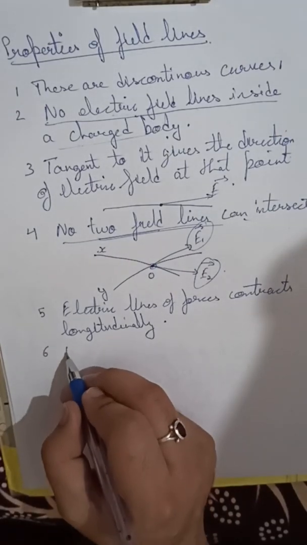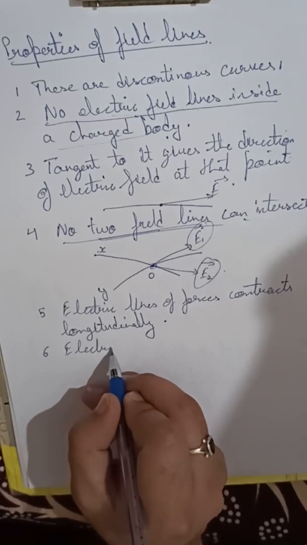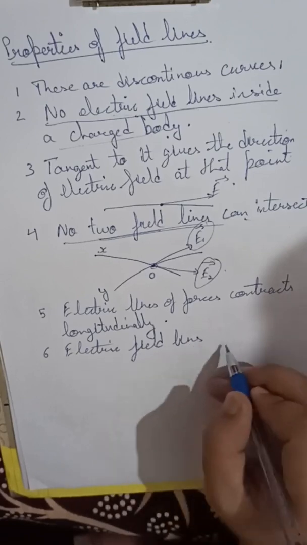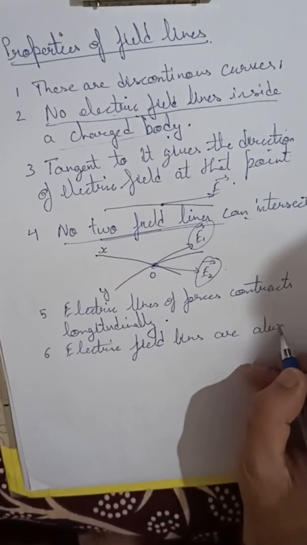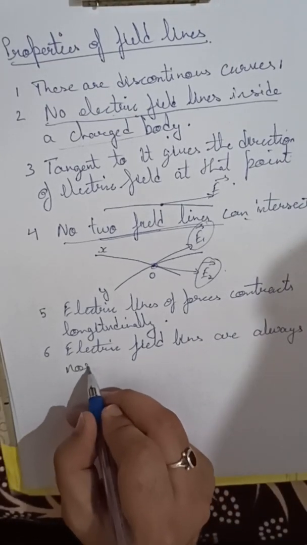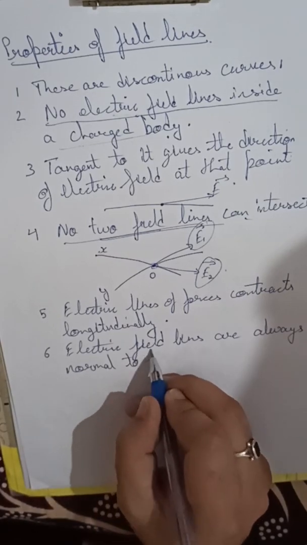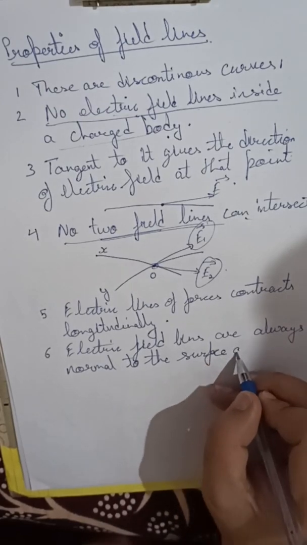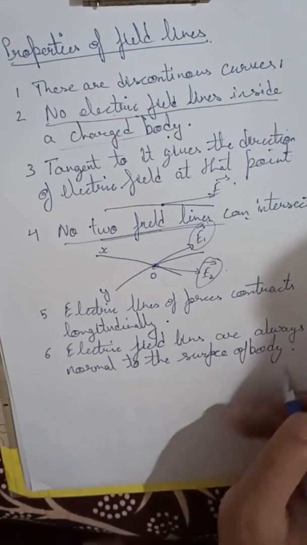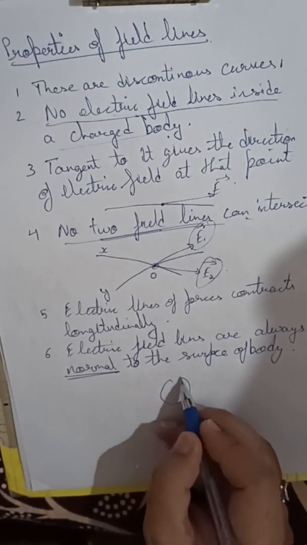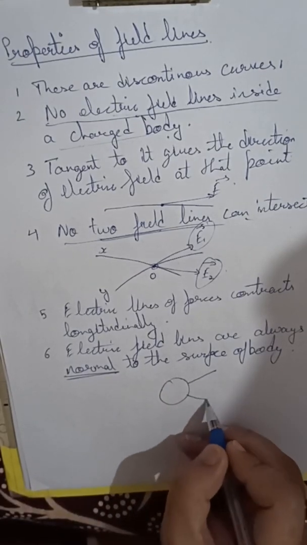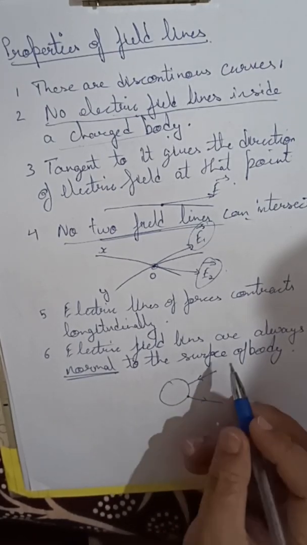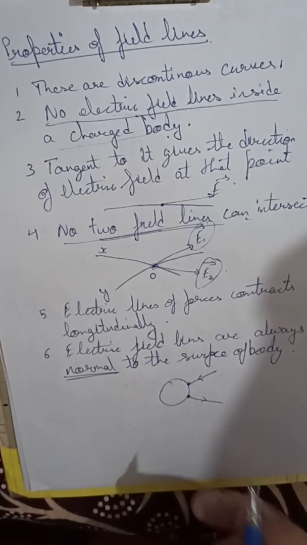Last but not the least, electric field lines are always, remember this, always normal to the surface of body. What do you mean by normal? 90 degree. See, this is a surface. Electric field lines are always normal to the surface, whether it is entering or whether it is leaving, doesn't matter, but these are always normal.